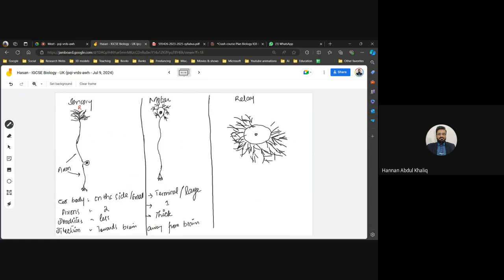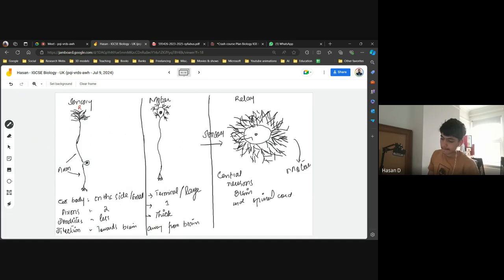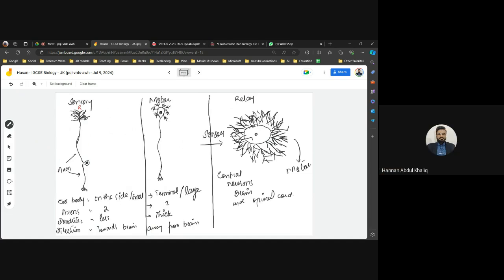But it is a reality that on one side of the relay neuron you have motor, and on the other side you have sensory. So basically the sensory would move toward it and the motor away. These are also called central neurons. Why? Because they are mostly found only in brain and spinal cord. So this is why they are called relay neurons.